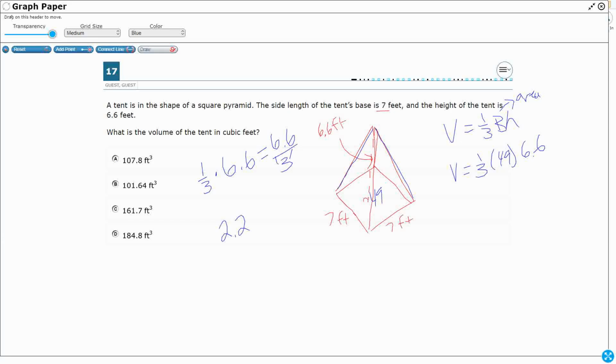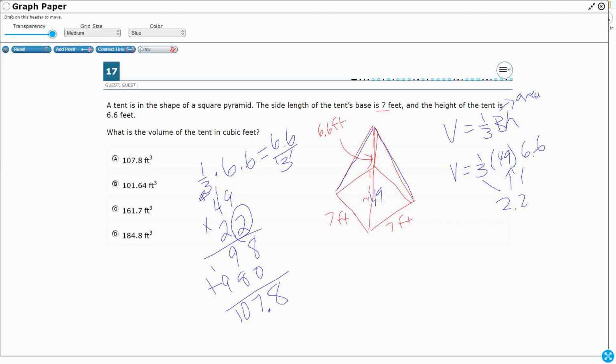So I just need 2.2 times 49, and then I just need to multiply that by that 49. 8 times 9 is 72, so that's 2 carry the 7. 2 times 9 is 18, plus 7, that's 25. And then 98 again, so that gives me this 1078. But I've got 1 digit behind the decimal in the factor, so I need 1 digit behind the decimal.